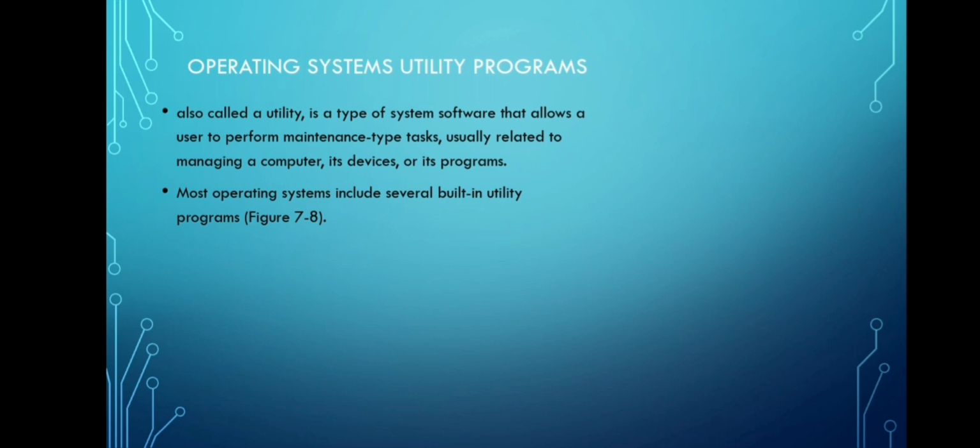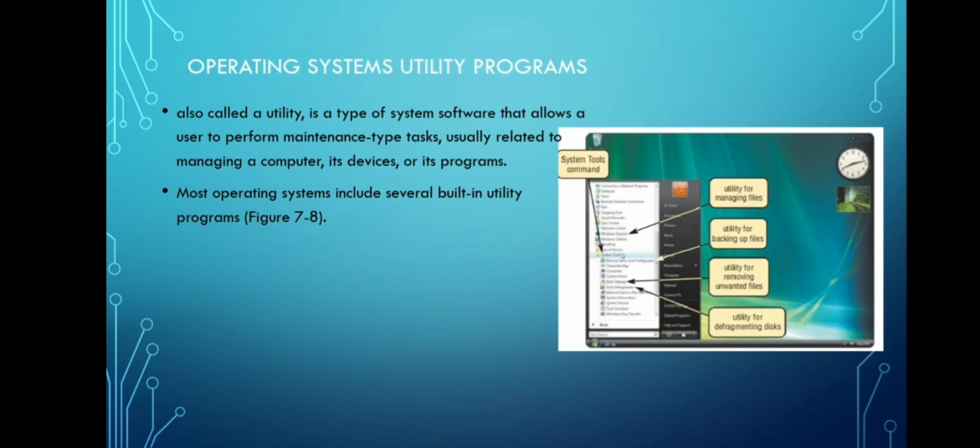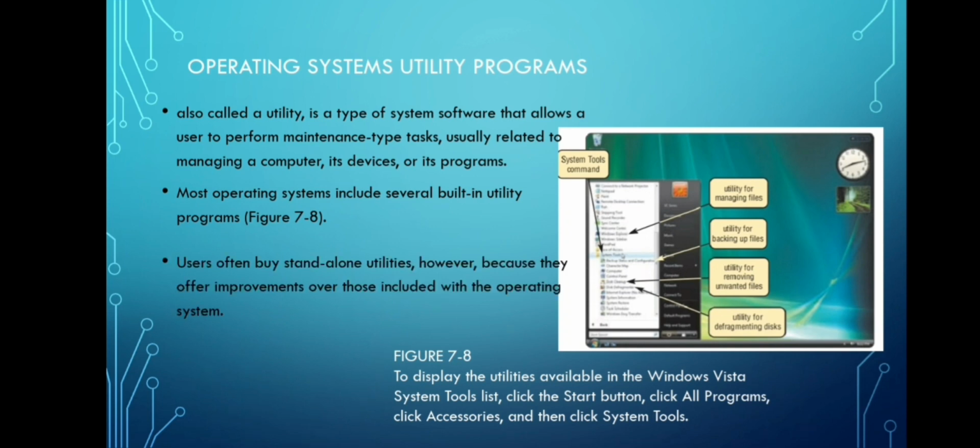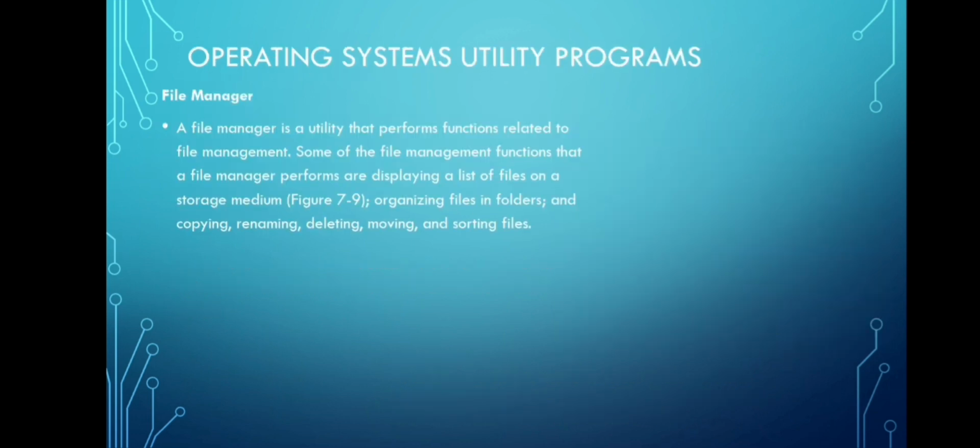Most operating systems include several built-in utility programs like System Tools Command, utility for managing files, utility for backing up files, utility for removing unwanted files, utility for defragmenting disks. Users often buy standalone utilities, however, because they offer improvements over those included with the operating system.